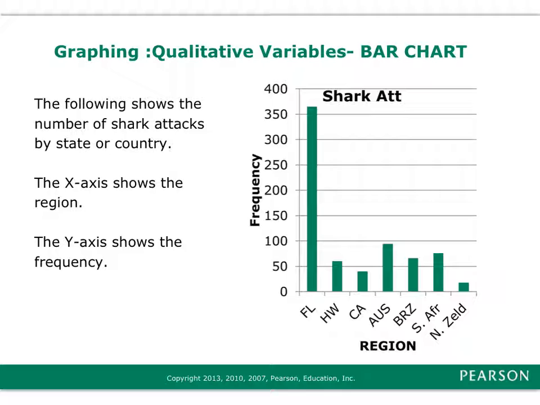And then the rest of the regions, Australia, Hawaii, California, Brazil, South Africa, and New Zealand, look like they're around 50 shark attacks a year. Australia looks like the second most shark attack region at almost 100. The least, of course, looks like New Zealand.